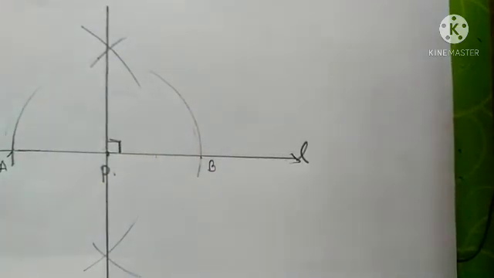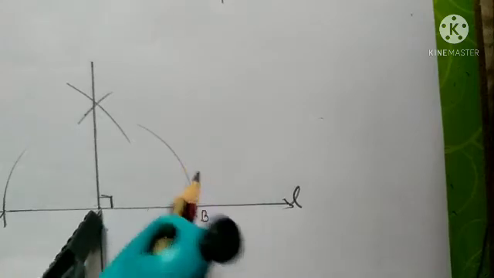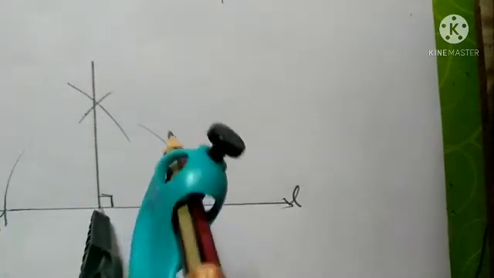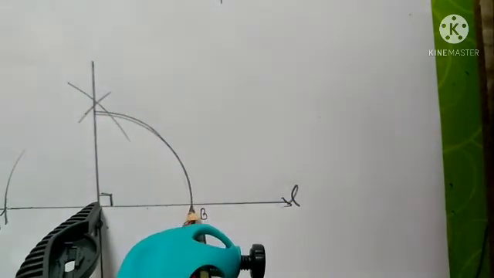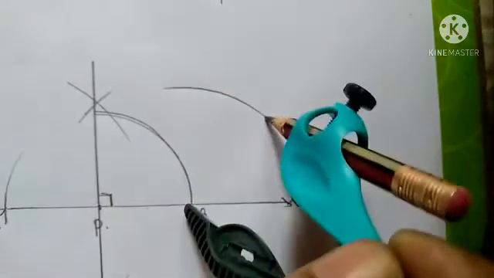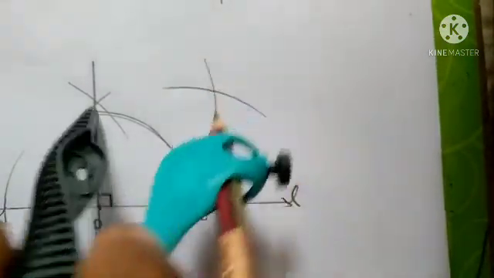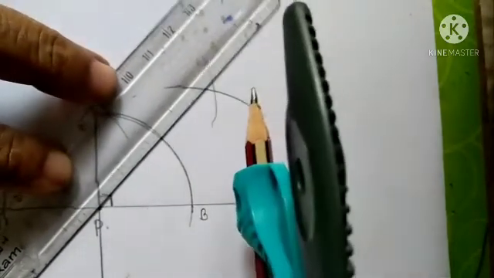Next we have to draw bisector to this right angle. That is the question, bisector. Then we will take an appropriate radius in compass and draw an arc like this. Then take more than half of this arc length in compass, and from these 2 points we will draw arcs.